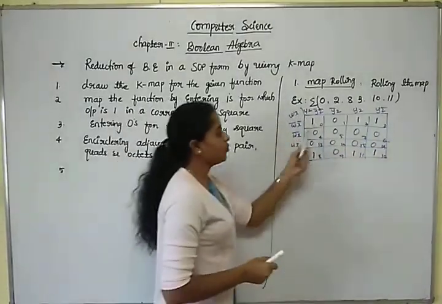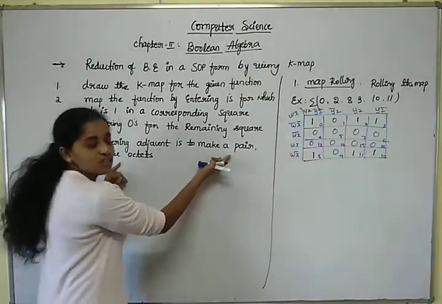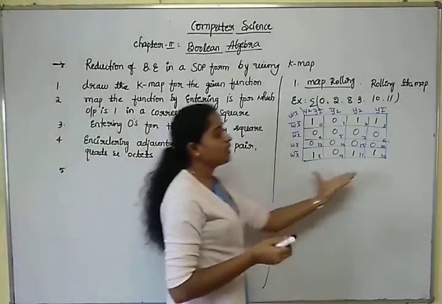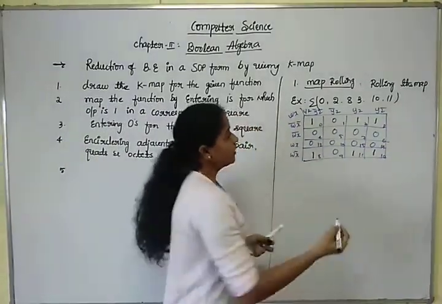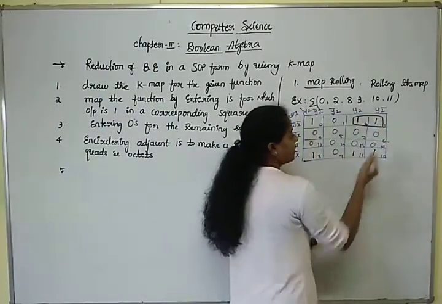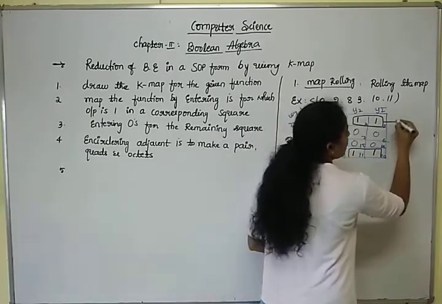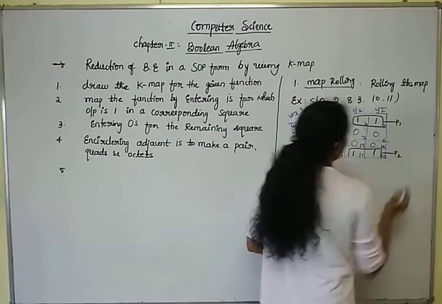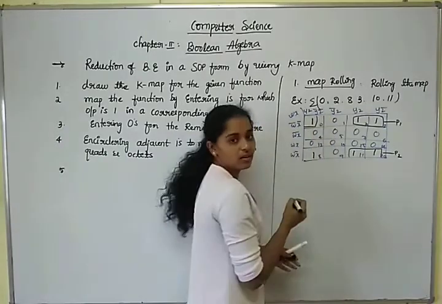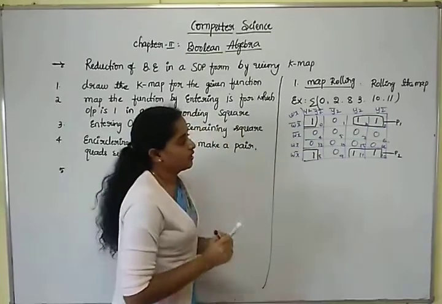After inserting ones and zeros, the fourth step is encircling the adjacent ones to make pairs, quads, or octets. Here in the given map, two adjacent ones are encircled. It makes one pair. Similarly, here two adjacent ones are encircled. It also forms a pair. But in this case, only one square is encircled here, and here also only one square is encircled.